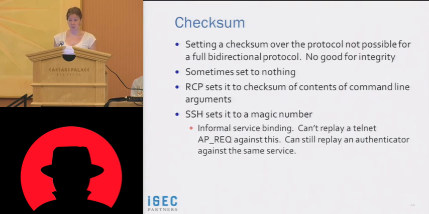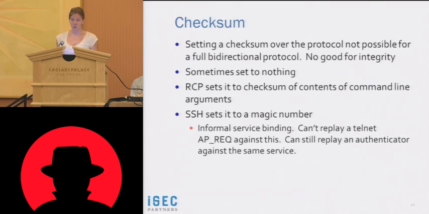So what do people do with it in practice? People do lots of things with it in practice. Sometimes they set it to nothing, which does really no good. RCP sets it to a checksum of the contents of the command line arguments. SSH sets it to a magic number. It is not a random number. It is not particularly entropic. It is a magic number, but it is effective.